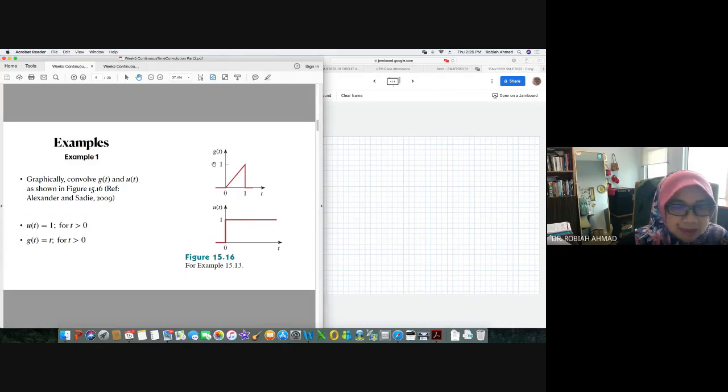Let's say the sawtooth is g(t), and the other one is u(t).